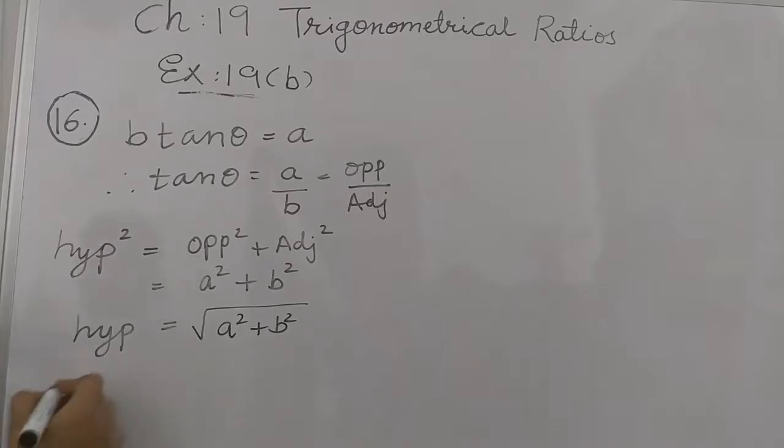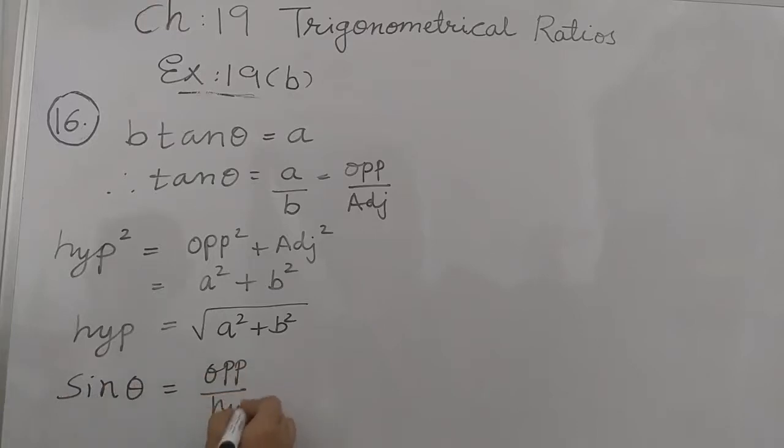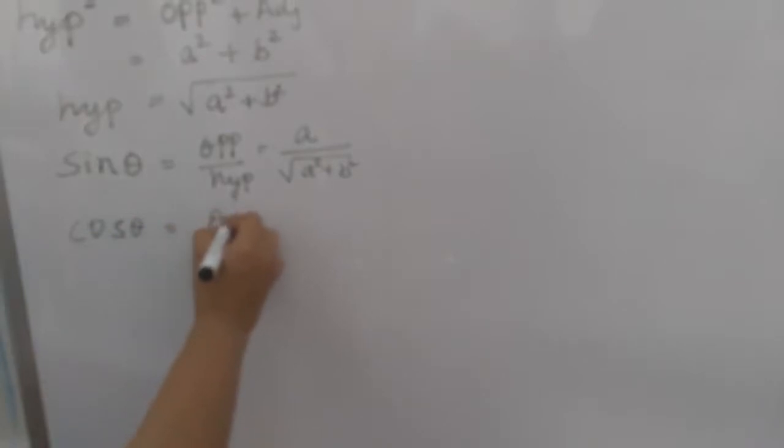Now we write the sine theta value first. Sine theta means opposite upon hypotenuse. So opposite means a upon the hypotenuse, which is square root a square plus b square. Now we write the cos theta value. So cos theta is equal to adjacent upon hypotenuse.